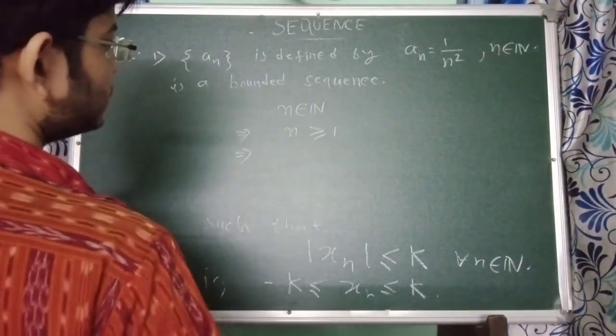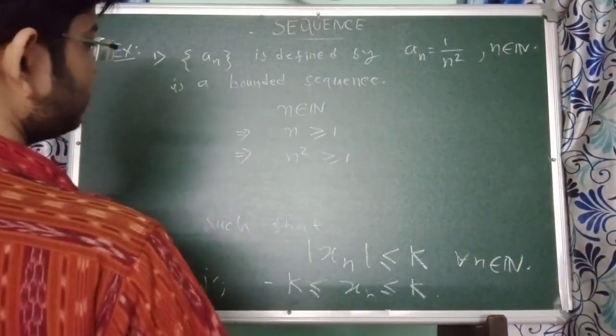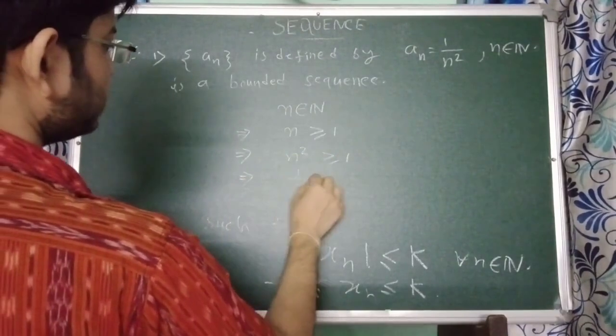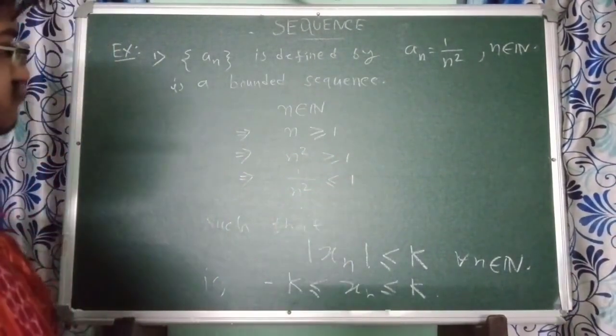So if we square both sides, then n square is greater than or equal to 1. If we invert both sides, then 1 by n square is less than or equal to 1.